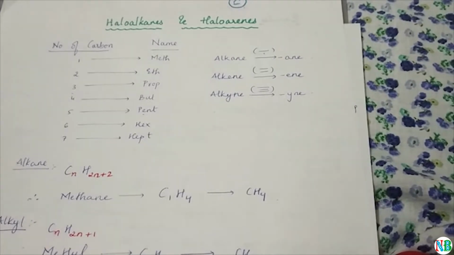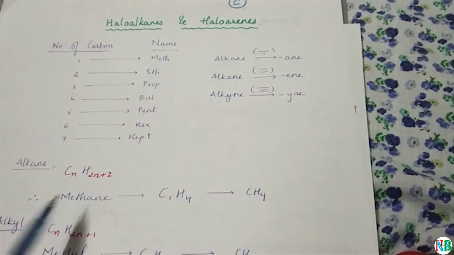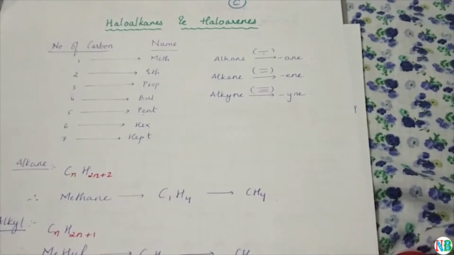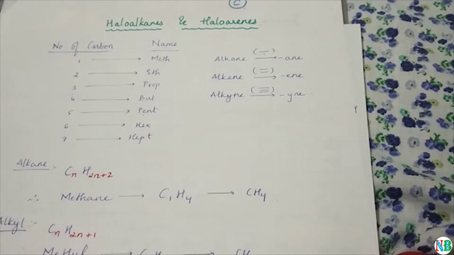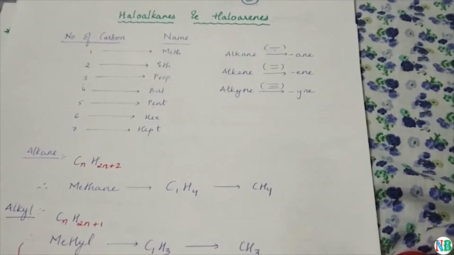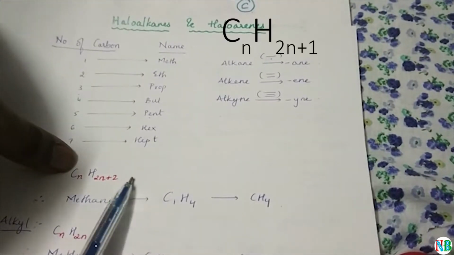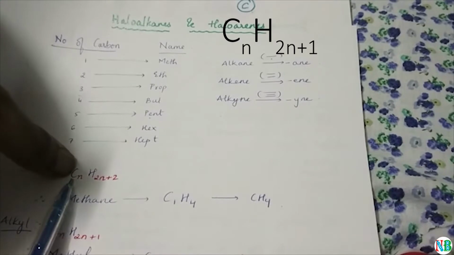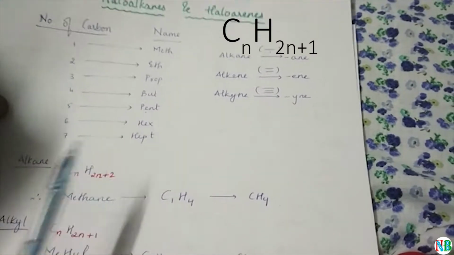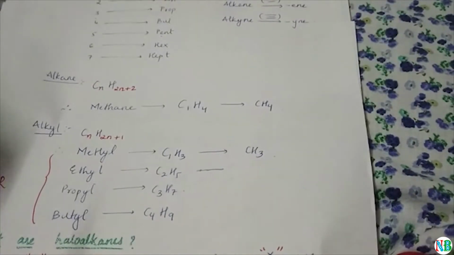Now, what is more important is understanding what an alkyl group is. An alkyl group has the same formula except with a minus 1, so that becomes CnH2n+1.